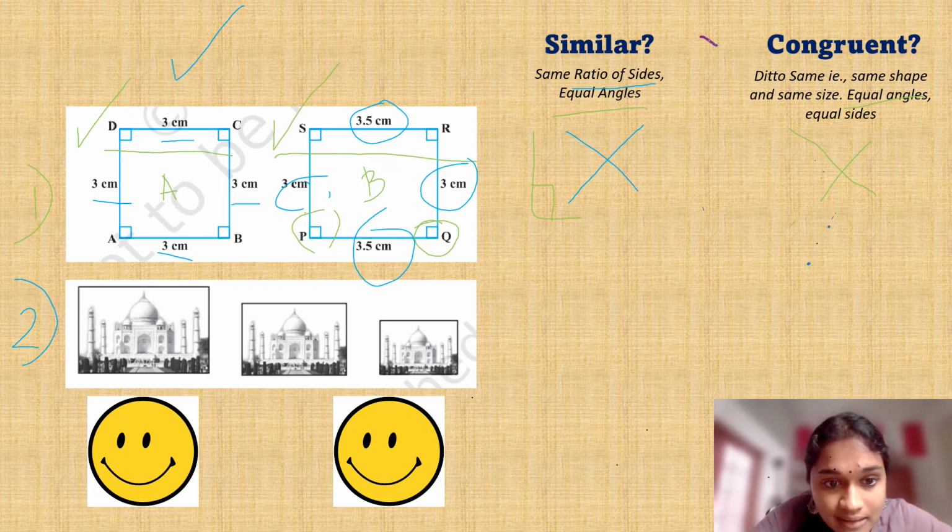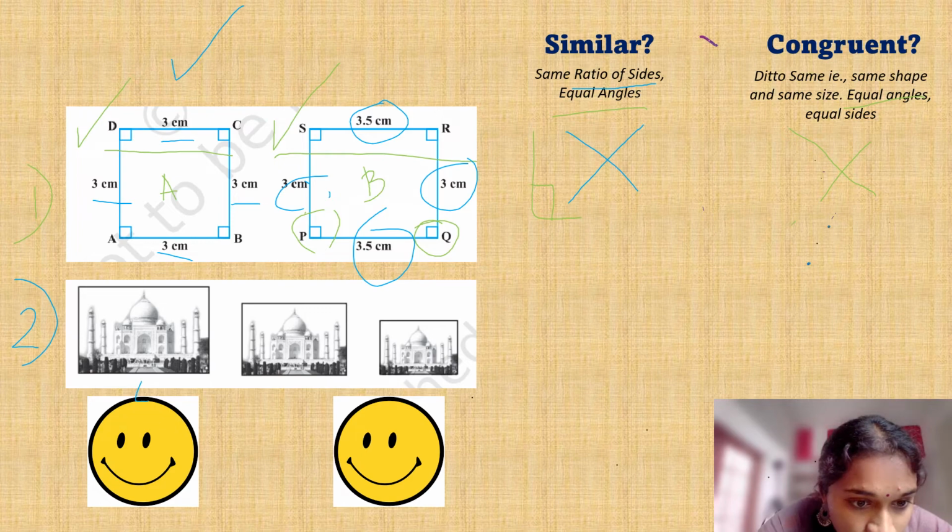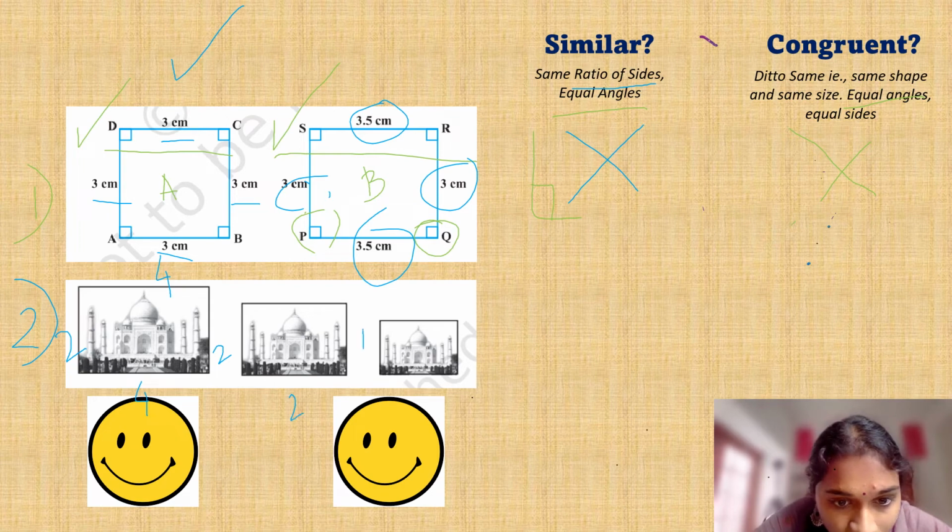Say for example, the first figure has lengths like 4, 2, 4, and 2. The second figure might have lengths like 2, 1, 2, 1, which means they have halved the lengths of each side to get the second figure. The third figure might have lengths like 1, 0.5, 1, 0.5, right?